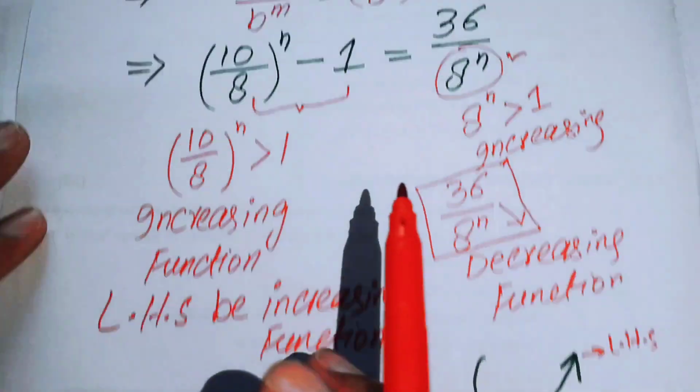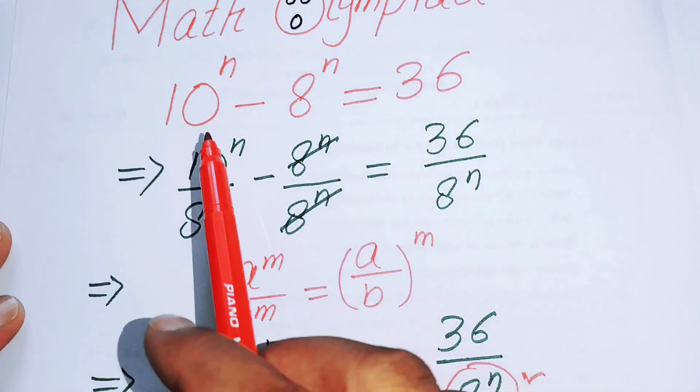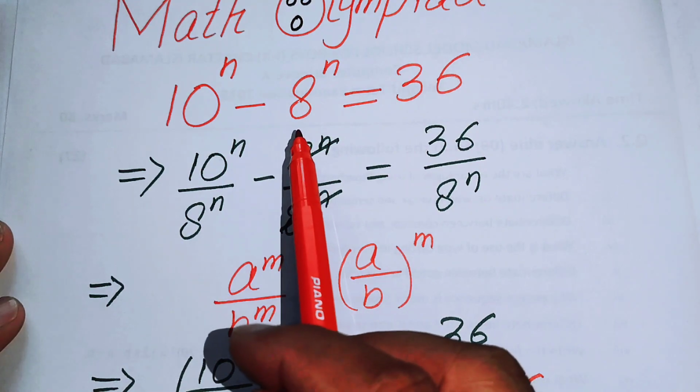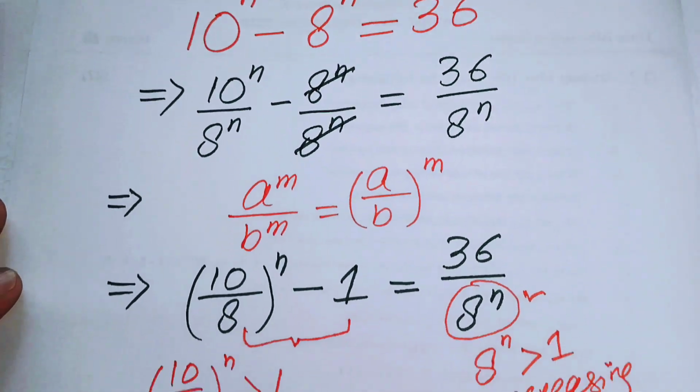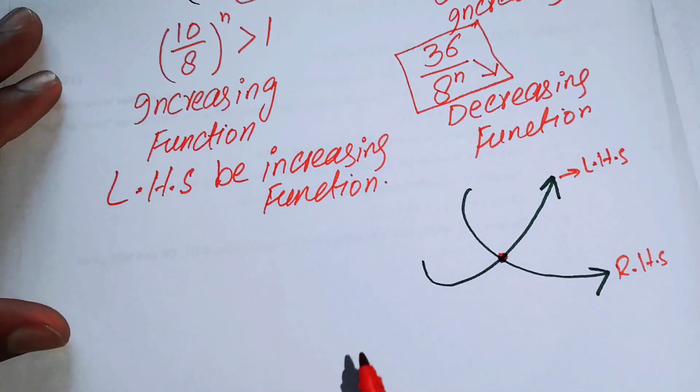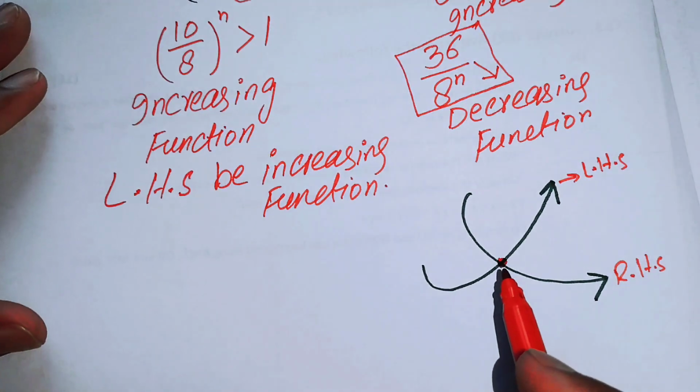This means that our given question, 10 to the power of n minus 8 to the power of n is equal to 36, has only one solution, which is this one.